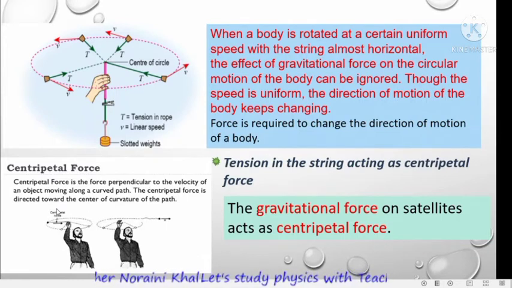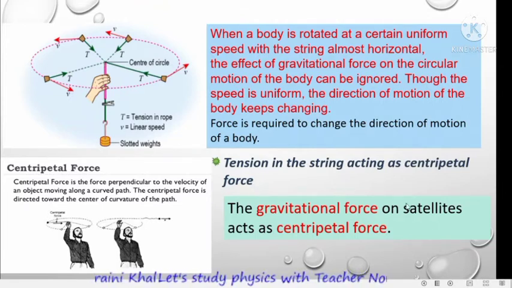Centripetal force is a force perpendicular to the velocity of an object moving along a curved path. The centripetal force is directed towards the center of curvature of the path, meaning towards the center of the circle. You can see the tension force of the string is directed towards the center. So the tension in the string acts as centripetal force.